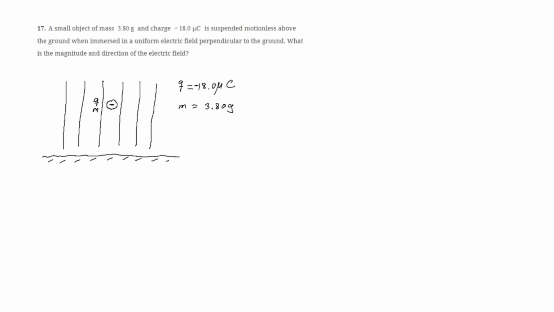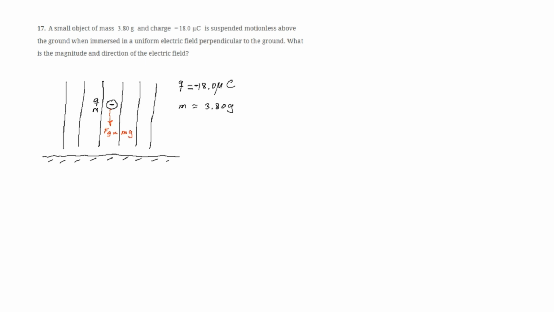Now let me explain something. This charge is above the ground. This particle, this object, this mass is above the ground. It's suspended. It's not moving, it's not falling, it's not moving up, it's just suspended, like levitation. So what happens here? You know that there is a force, gravity, acting like this. Under the action of the force of gravity only, this body has to fall toward the ground.